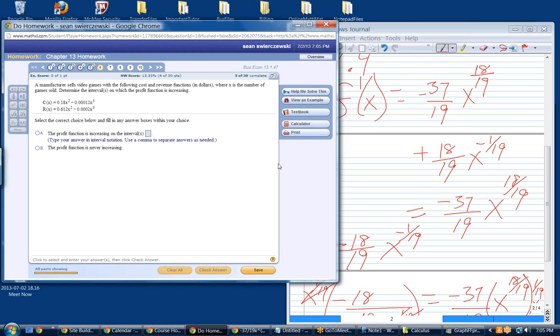So we have a cost and a revenue function. Well, the profit is the revenue minus the cost, right? Mm-hmm. So we want to take R of x minus C of x and figure out where that's increasing.